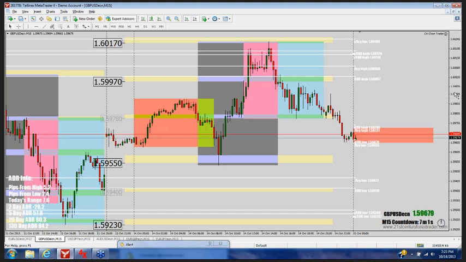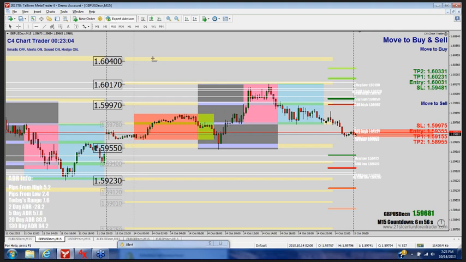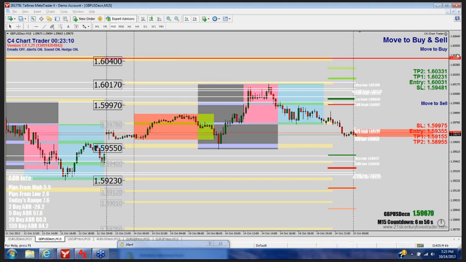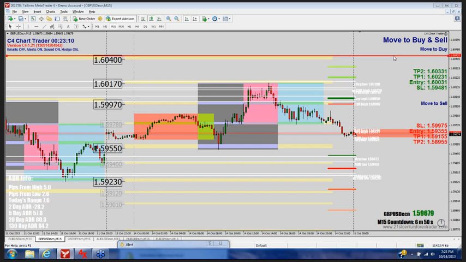So let's just pull this back down. We're going to mark 60.44. Oops, right over here. 60.44 is right there. And then here we'll just drag this up. We'll park our sell.